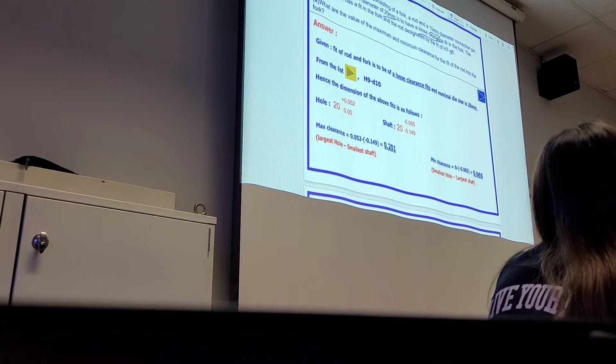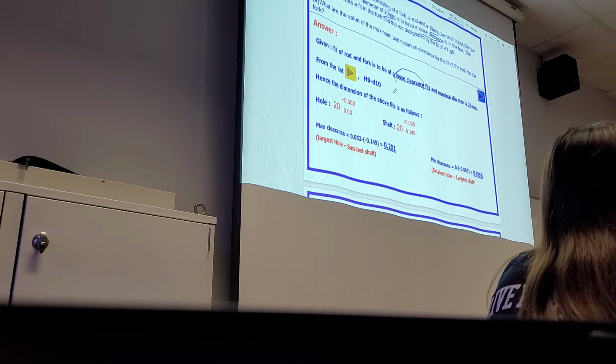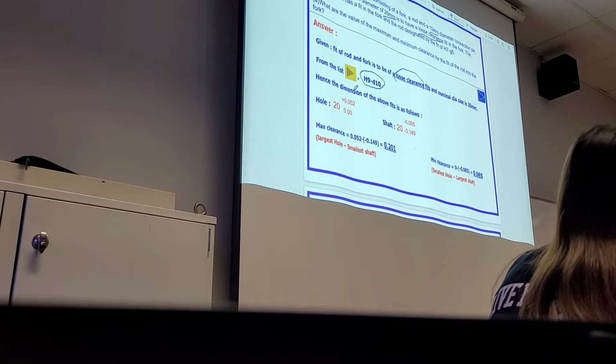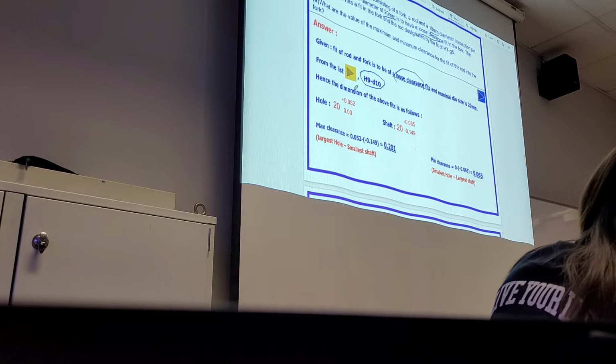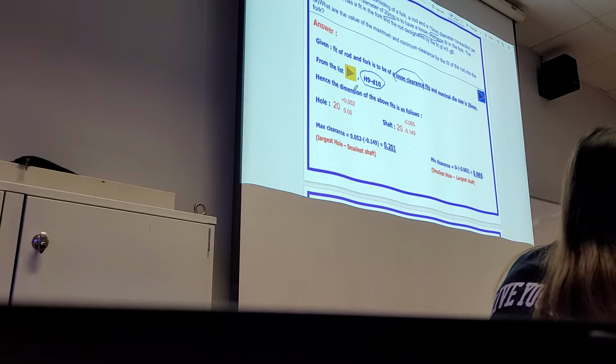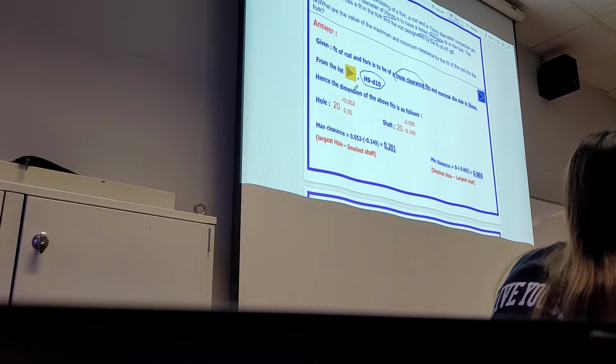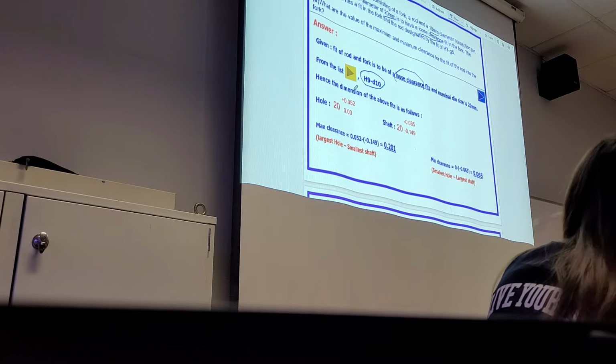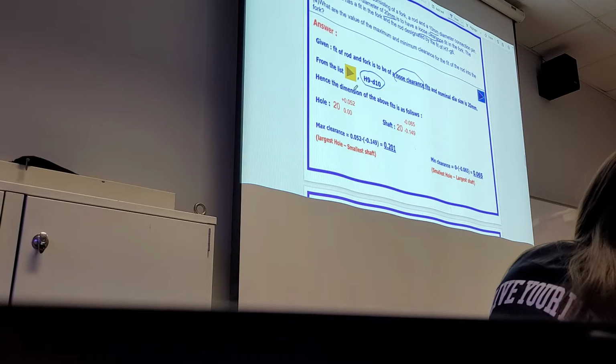And based on the loose clearance fitting, I get this specification. How do you get that? Remember in the table, below each specification, they have a description. Based on the description, you find this. So all this information I have to find from the table.